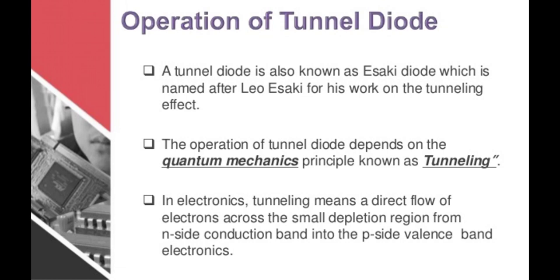The operation of the tunnel diode: the tunnel diode is also known as the Esaki diode, named after Leo Esaki who invented it for his work on the tunneling effect. The operation of the tunnel diode depends on the quantum mechanical principle known as tunneling. In electronics, tunneling means a direct flow of electrons across a small doping region.